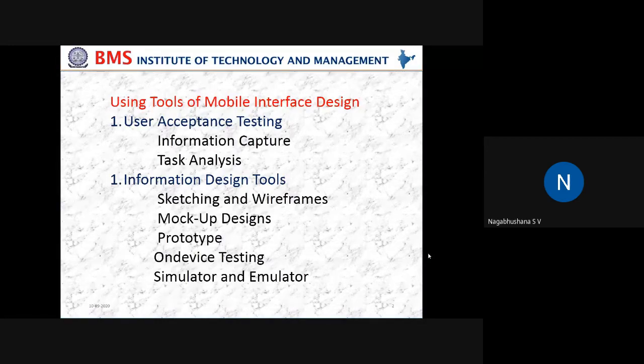The second point is about information design tools. These information design tools are nothing but how information has to be put in the mobile devices by using various tools. One is putting the contents.